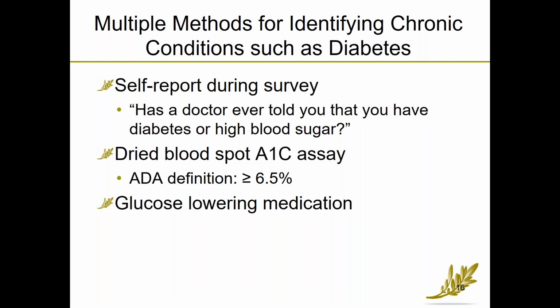And as Dr. Cato beautifully described, we have this real-world collection of medication and over-the-counter and supplement therapies that patients are taking. We know from the brown bag assessment that they are taking these regularly. So we can also identify people who might have a condition like diabetes based on the type of medications they're taking. In the case of diabetes, taking a glucose-lowering medication is a signal that somebody has the condition.